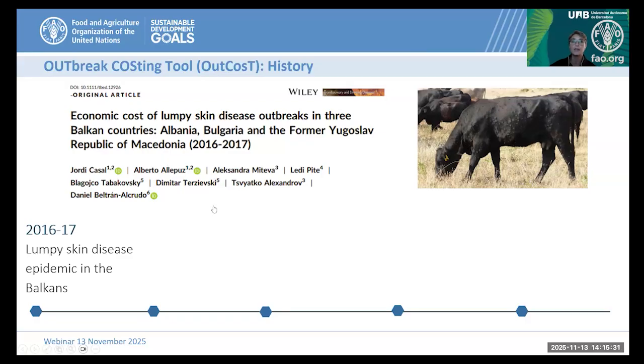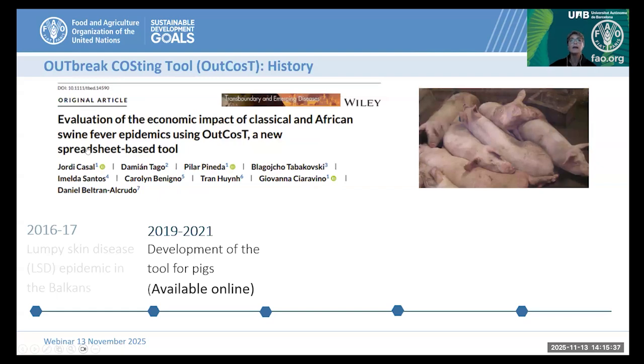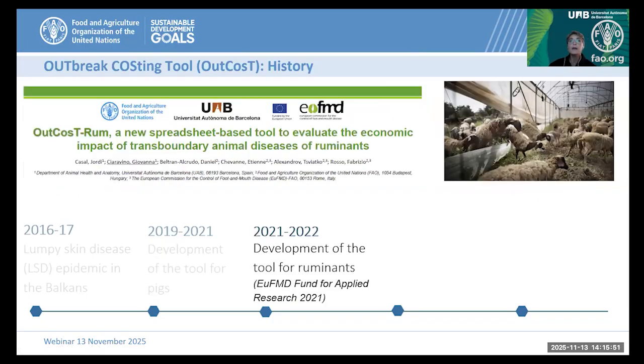With this publication the idea of having a tool started in our minds. Then between 2019 and 2021, we developed the version for pig disease, which was the formal announcement of the tool.